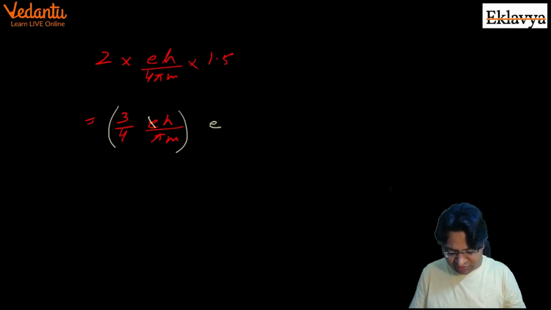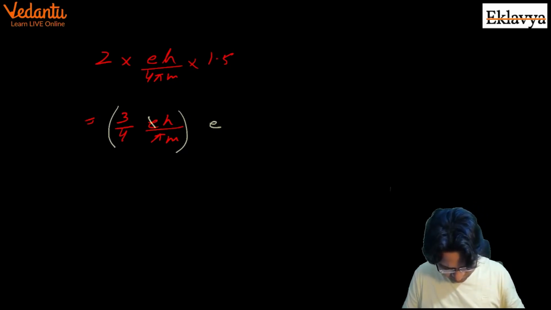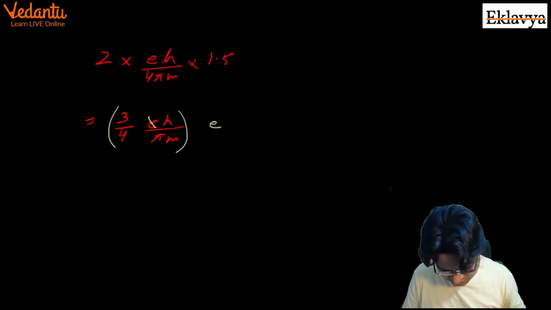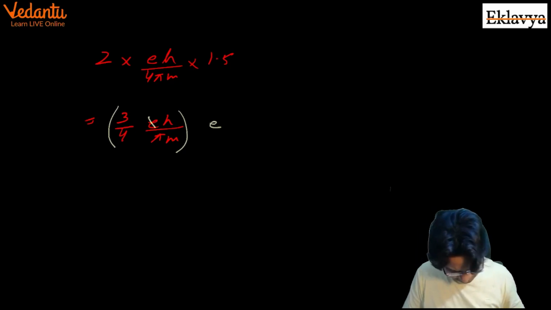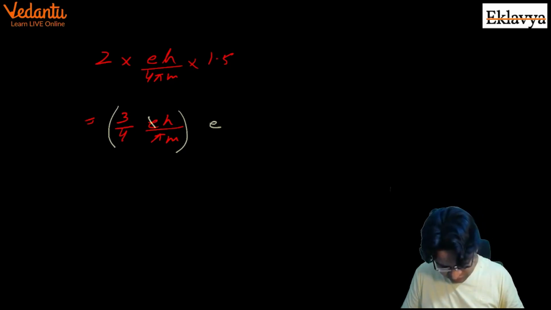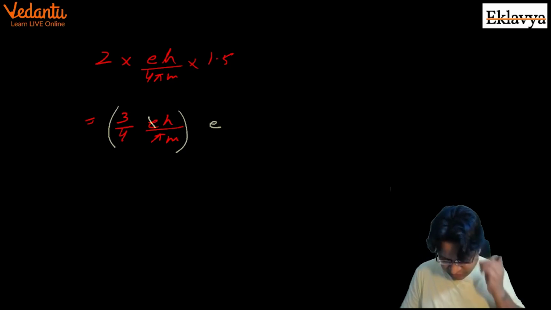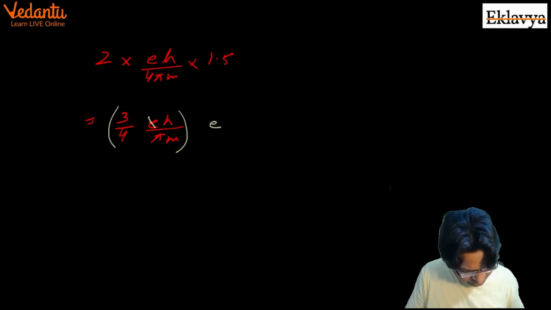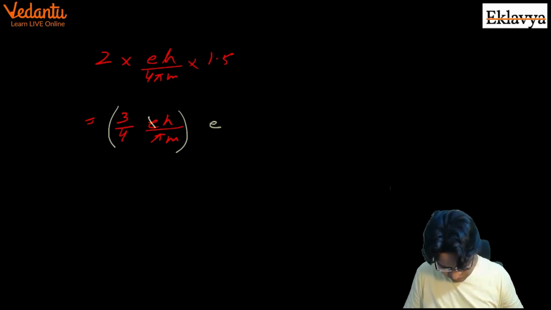Now I'm using the calculator to calculate these values. So 3 by 4 is 0.75 multiplied by h, divided by pi m, and this m represents the mass of the electron.